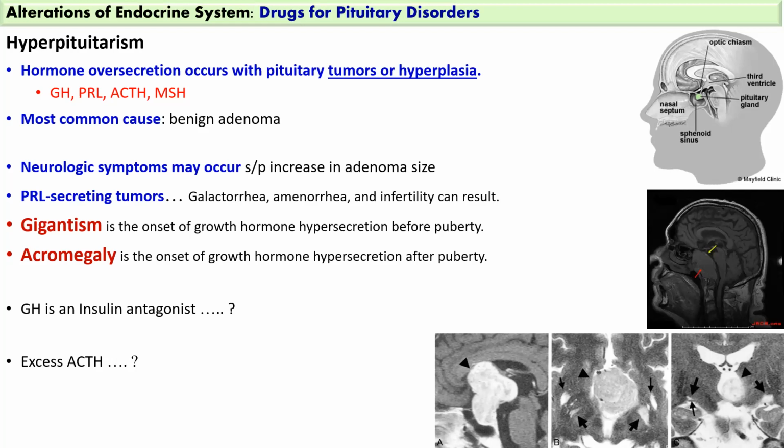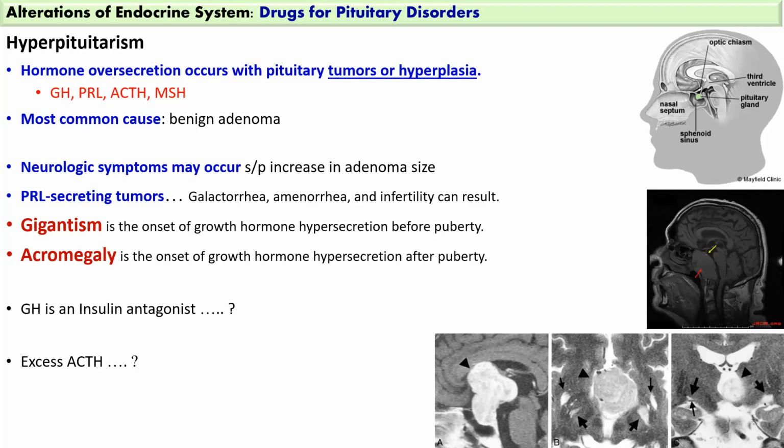Hyperpituitarism, in which there is an increased production of hormones, like growth hormone, is going to result in either gigantism or acromegaly. There is a minor difference between gigantism and acromegaly, because in both of them there is an increased production of growth hormone. However, it depends on the onset of the disease process.